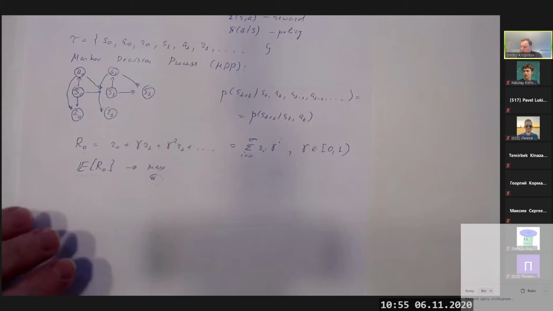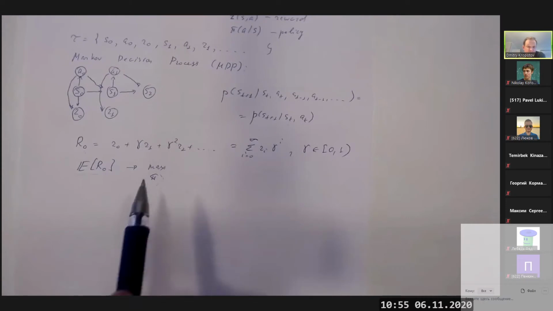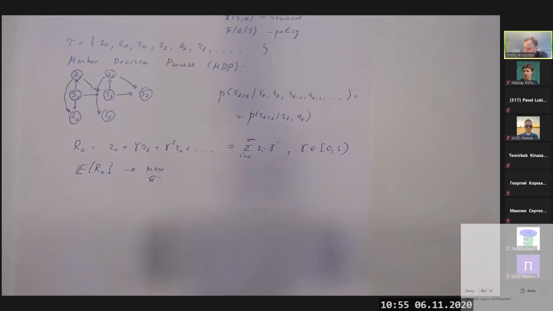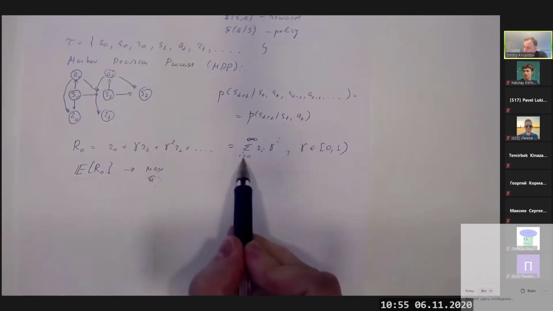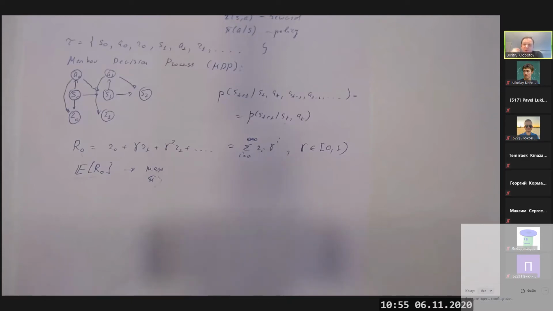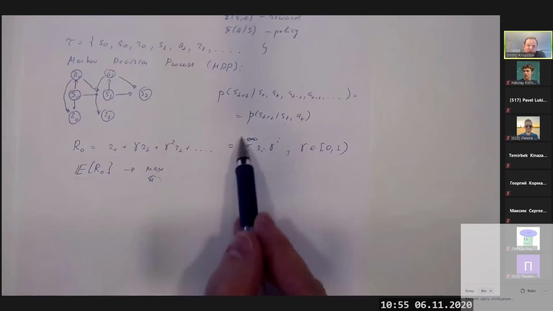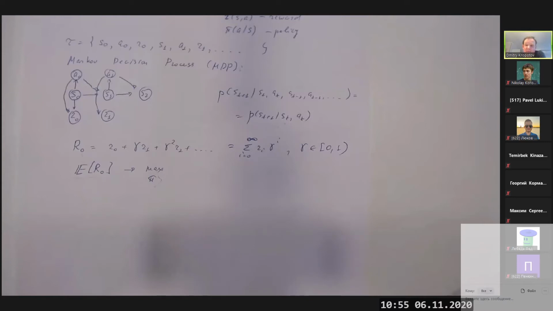So why do people usually consider here a discounting factor? Why not just say that gamma is equal to 1 and not use it at all? Actually, there are two main reasons. First of all, if our series is an infinite series, so we have here summation till plus infinity, so we are living in our environment for infinite time moments, without the discounting factor we just do not have some bounded value.